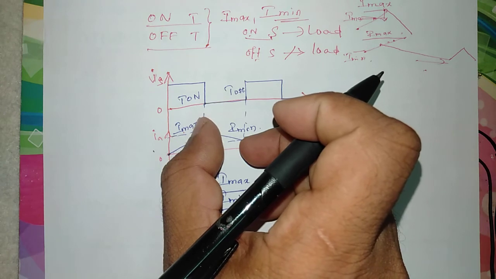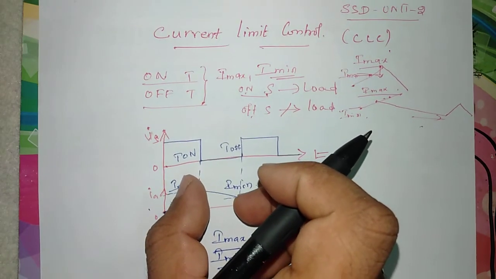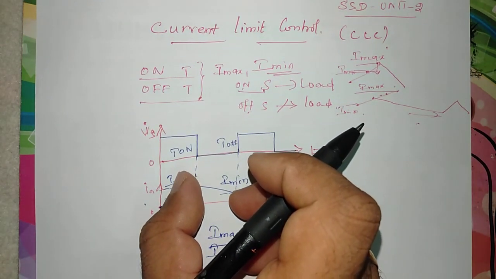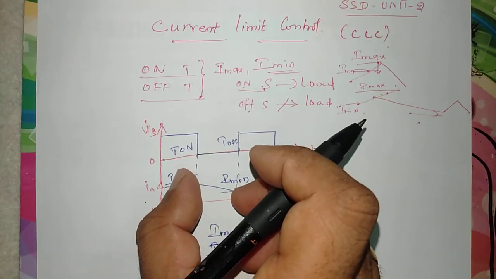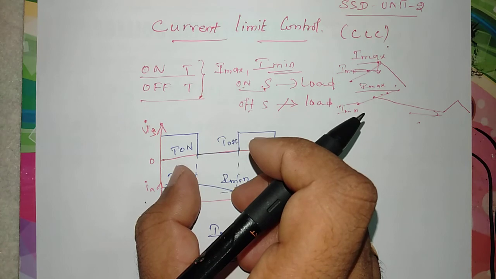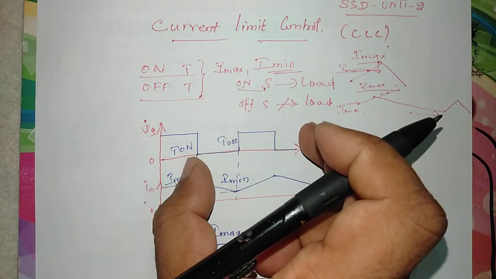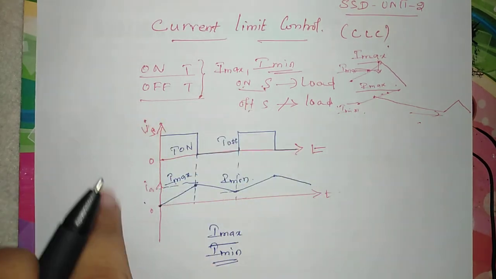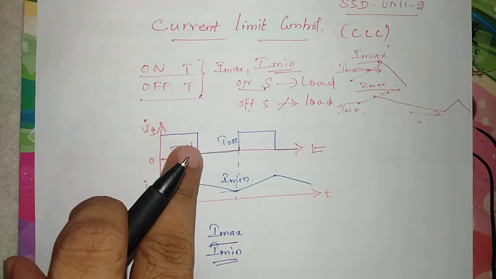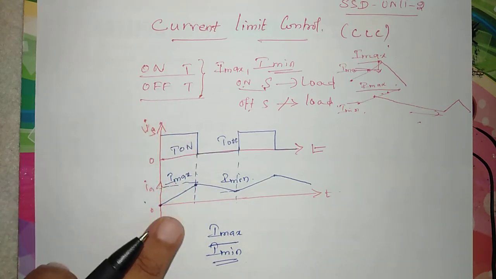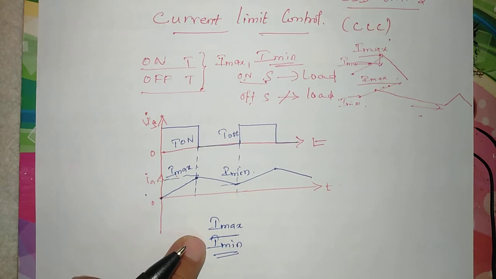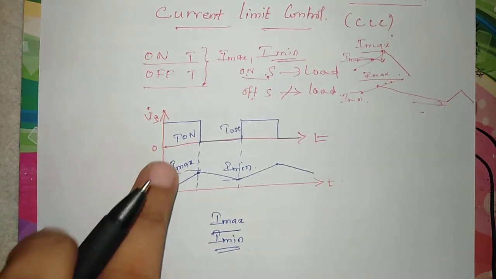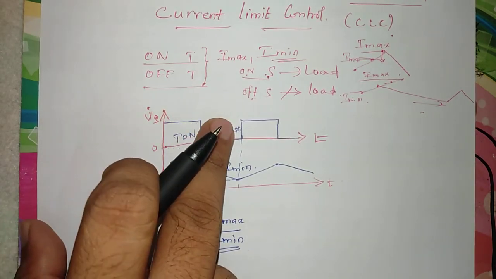So this is how CLC, current limit control, can be obtained in our unit. The chopper switches on and off, so that the current in the load is maintained between two limits, maximum and minimum. These two limits can be varied by using on time and off time.